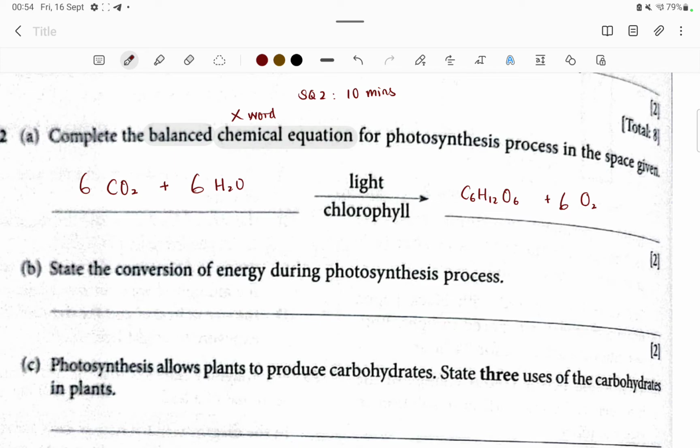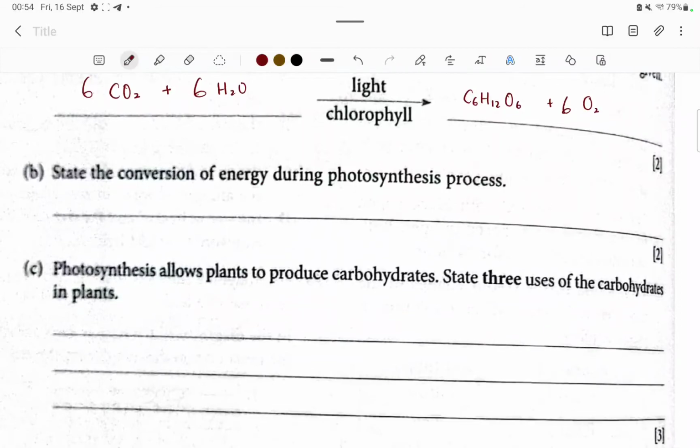And then after that, state the conversion of energy during the photosynthesis process. So this one, they absorb sunlight and then after that they produce glucose. When they produce glucose, they are undergoing chemical reaction, so chemical energy.